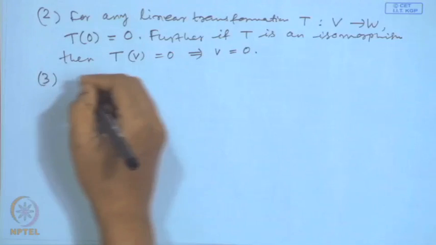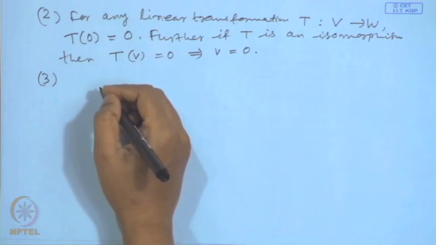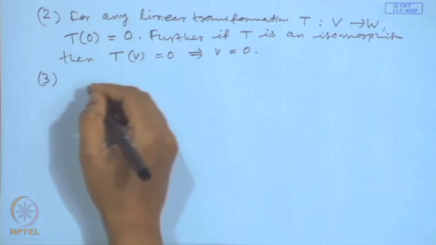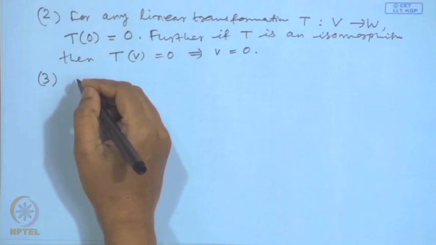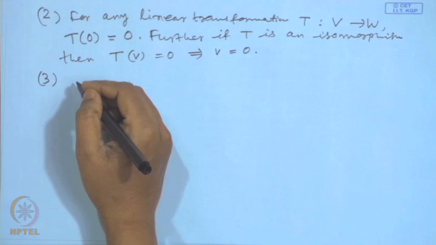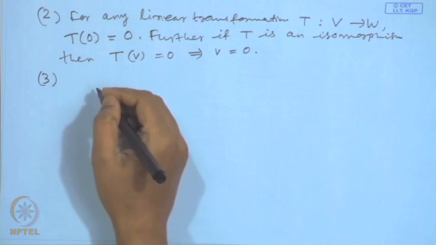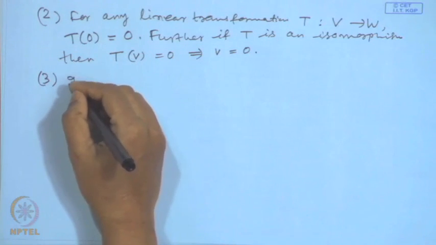And the third property is like this: an isomorphism maps a linearly independent set to a linearly independent set.